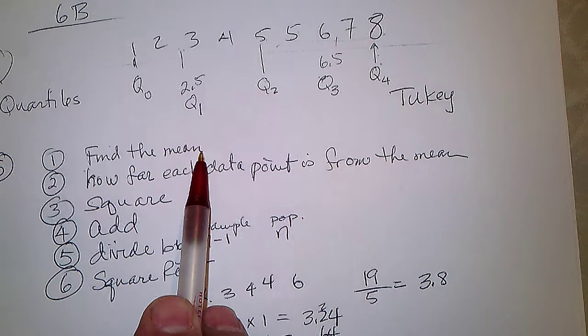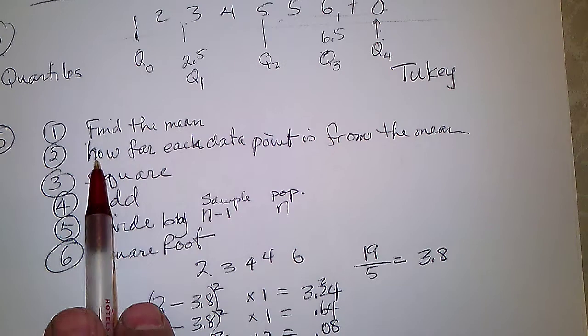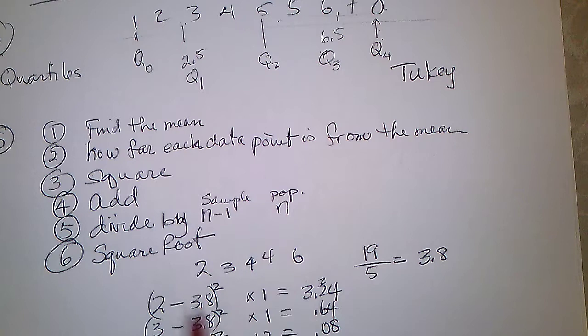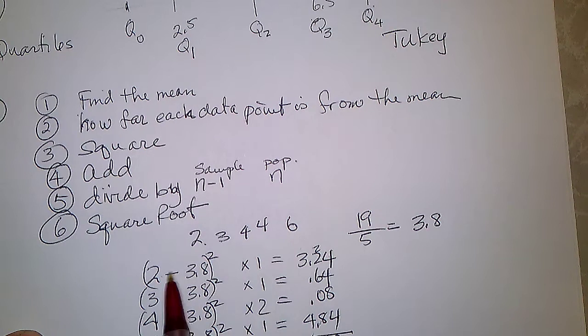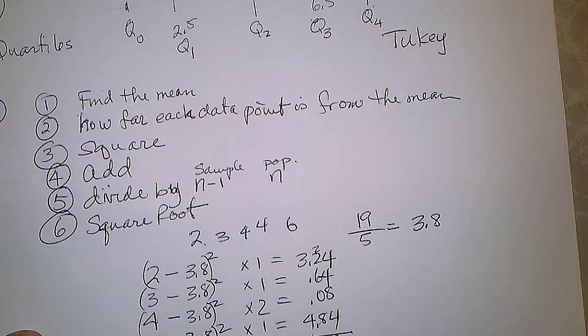So I've found the mean. I calculated how far apart they are by subtracting. I squared those and then added them all up. 1 of those, 2 of those, and 1 of those, added them up, got this.